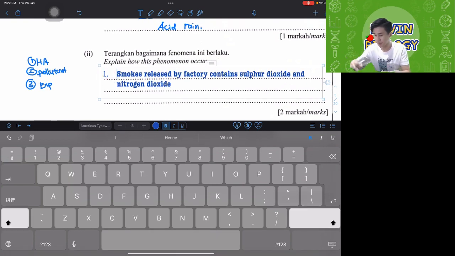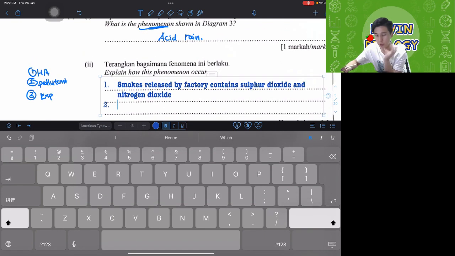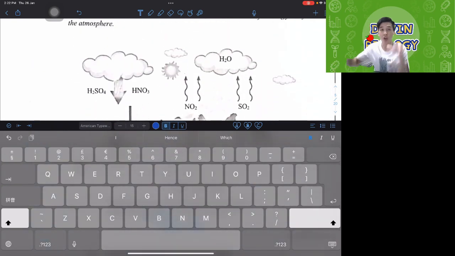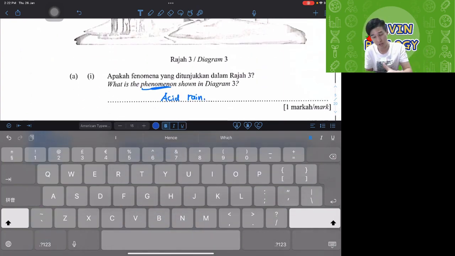Number 1. Okay, next, when this pollutant goes out, it's going to combine with the water in a cloud, the water vapor, to give you acid. So the acidic gases mix with water form acid over here. So these 2 acid, very basic acid in your chemistry, like H2SO4, HNO3, nitric acid, sulfuric acid.